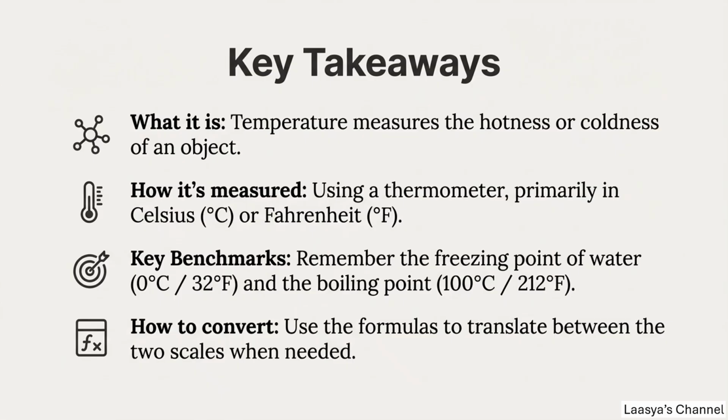See, key takeaways. What you have learnt in this class: what is temperature? Temperature measures the hotness or coldness of an object. Whenever it is so hot or so cold, you will say temperature is rising or falling.